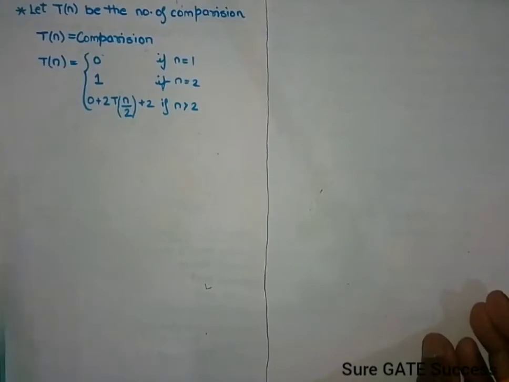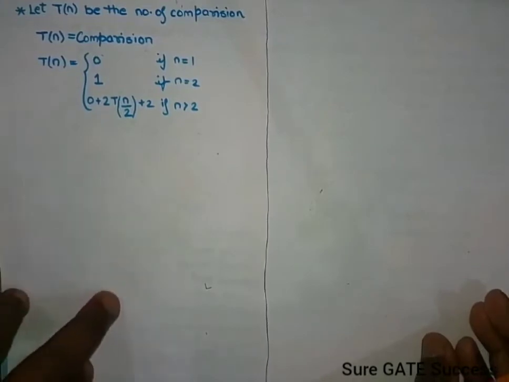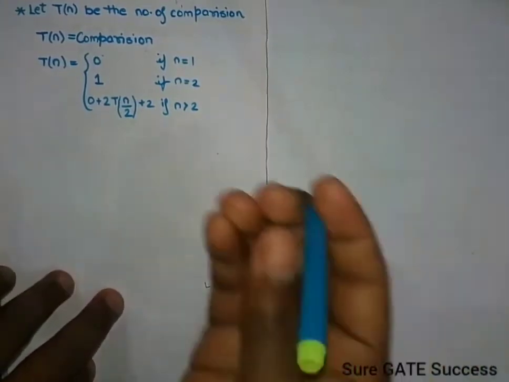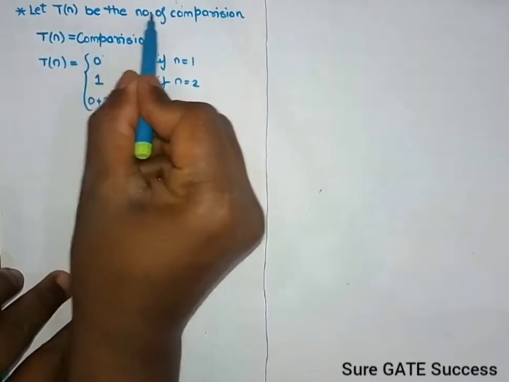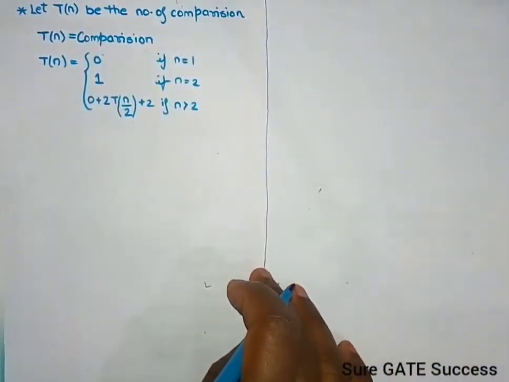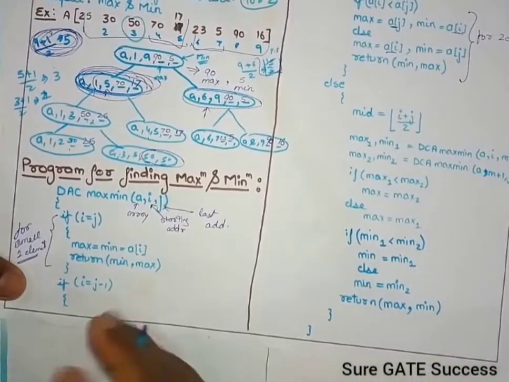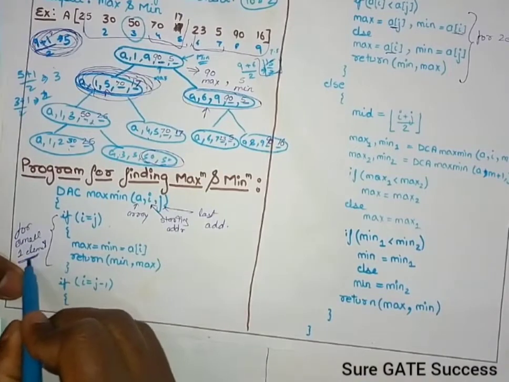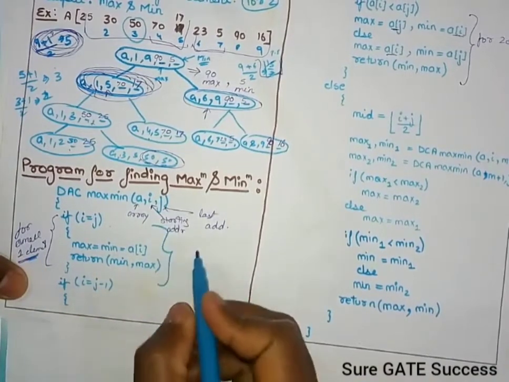Now let's move on to the complexities. Let us take that T(n) be the number of comparisons. If there is only one element, is there any comparison?